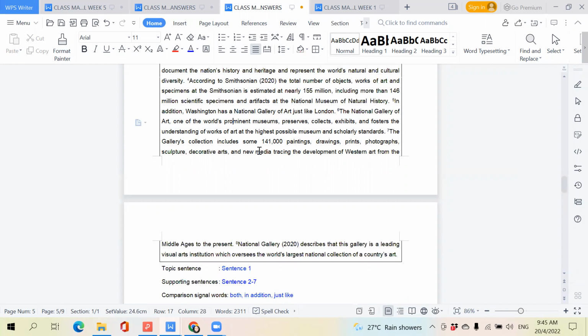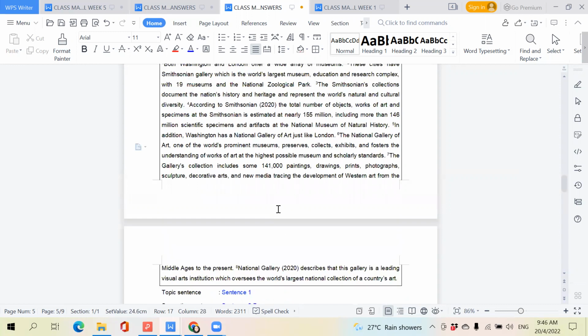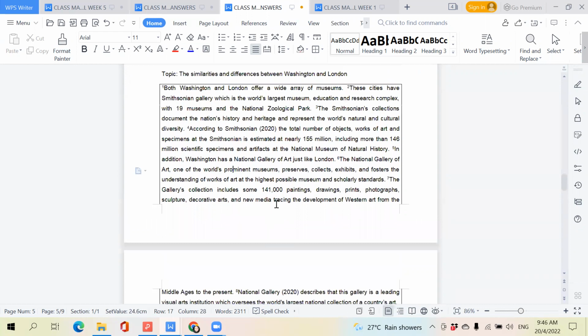The gallery's collection includes some 141,000 paintings, drawings, prints, photographs, sculpture, decorative arts, etc., etc. So here, okay, let's try to identify where is the topic sentence. Yeah, this is sentence 1.